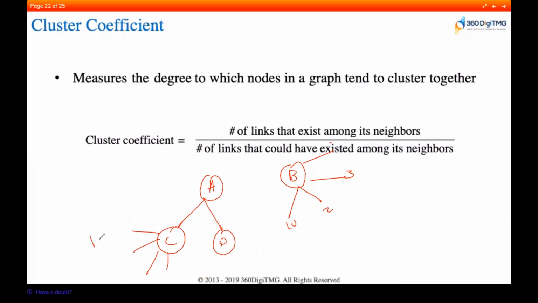This particular person has 1 million connections, and this particular person has 2 million connections. So if I run a campaign on this particular person, I am going to reach 1 million plus 2 million, which is 3 million. But if I run a campaign on this particular person, I will only reach maybe 1 million people. So they are not connected.